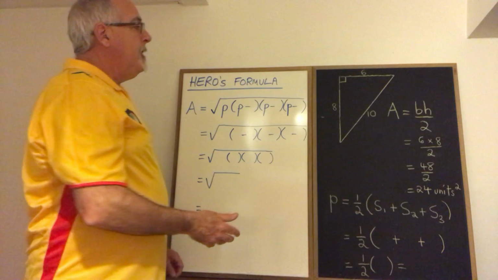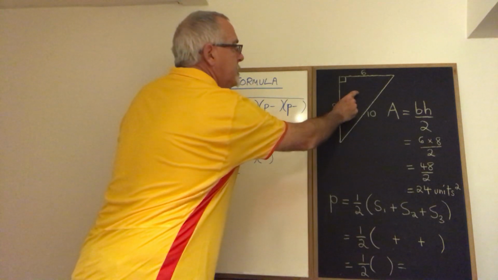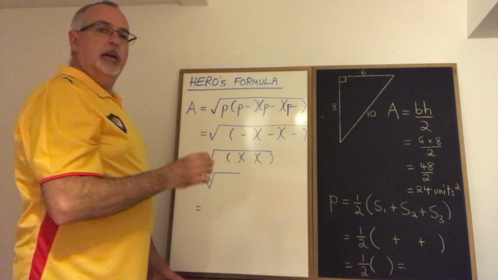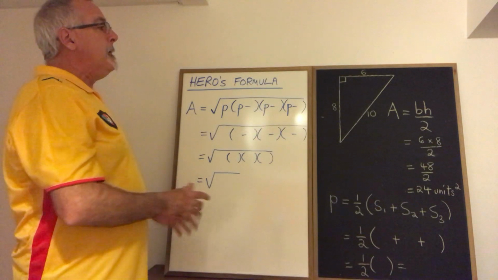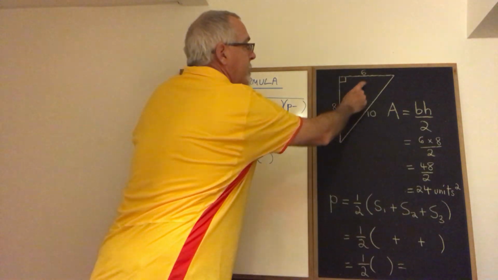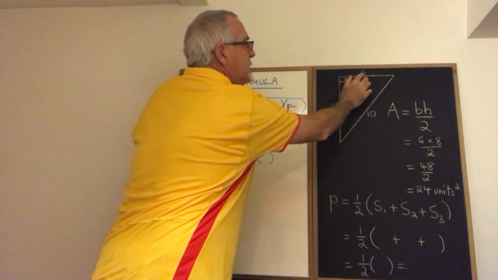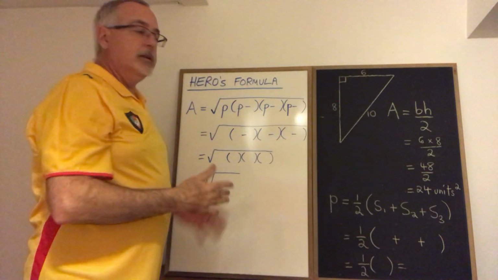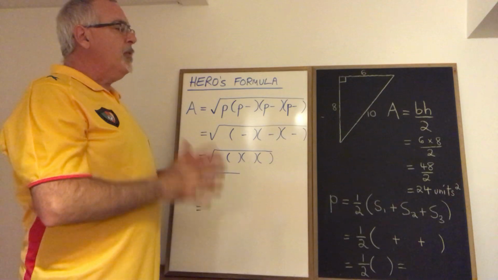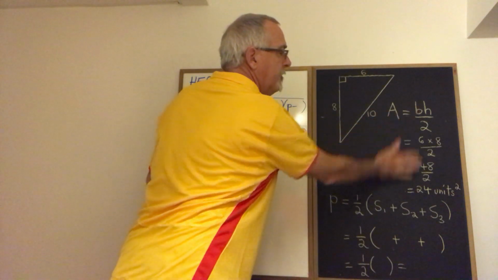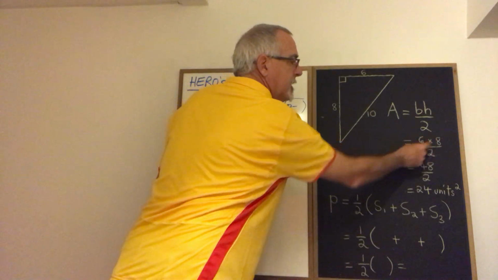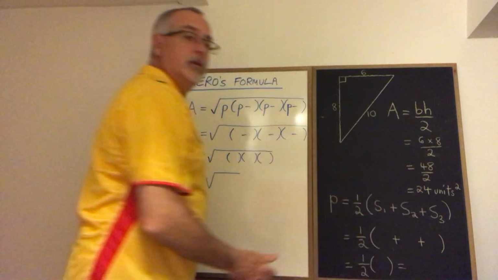steps. Now, I chose just about the most simple example of a triangle that I could think of to find the area of. And in this case, the triangle that I'm giving has both the base and the height, which are the 6 and the 8. Which means we don't need to use Hero's formula. We can use the area of a triangle formula, and I've done that right here. 6 times 8 over 2, 48 over 2, the answer is 24.